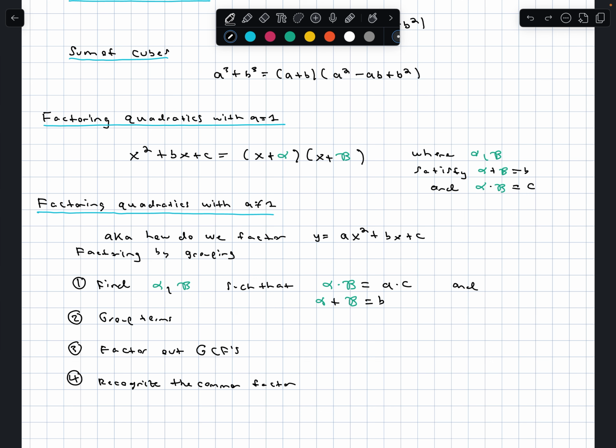So I think the easiest way to do this is, again, we find two numbers alpha and beta such that alpha times beta is a times c, and alpha plus beta is b, where b is the coefficient in front of the x.